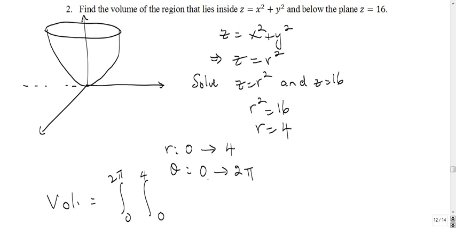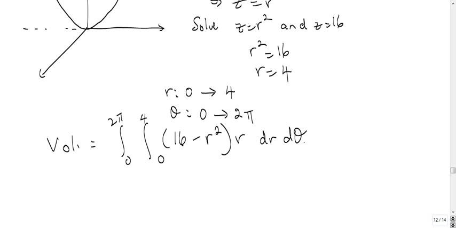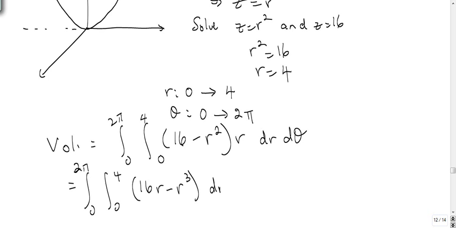So it's below z equals 16, and above z equals r squared. So it would be 16 minus r squared. Now you need to multiply by your r. Okay? Now let's do it. We can simplify that. It's not too bad. 0 to 2 pi, 0 to 4, distribute: 16r minus r cubed dr d theta.